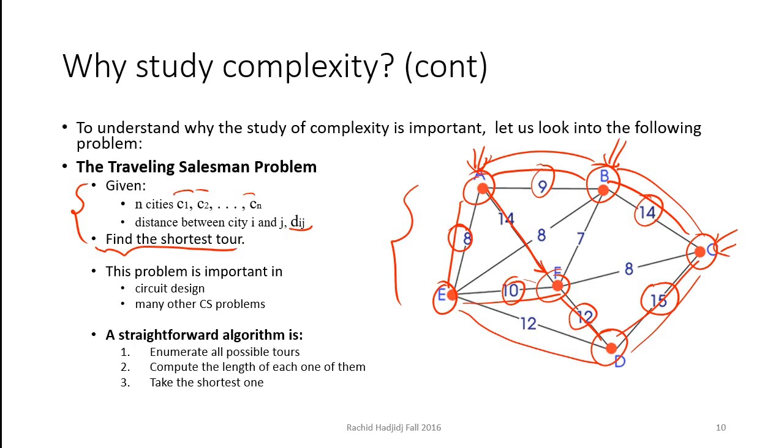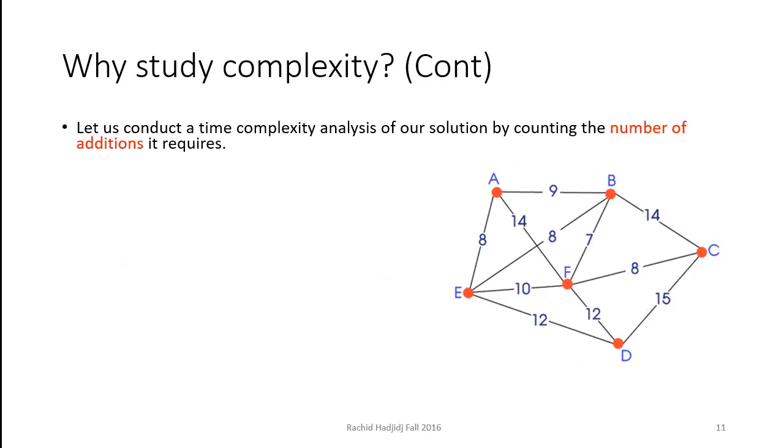Now, a straightforward solution would be to enumerate all possible tours, compute the length of each one of them, and take the shortest one. The shortest one would be the solution for our problem. Now we need to see if our algorithm is efficient or not. We do this by evaluating its time complexity relative to the problem size.